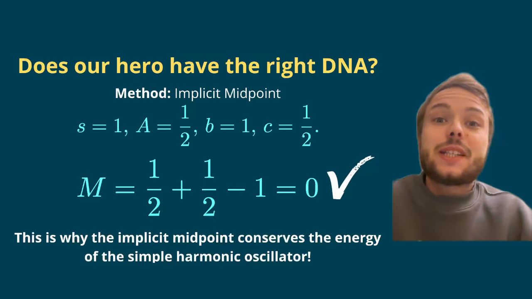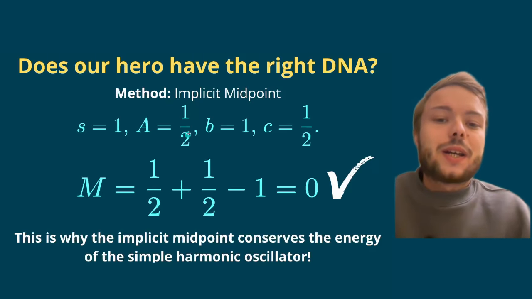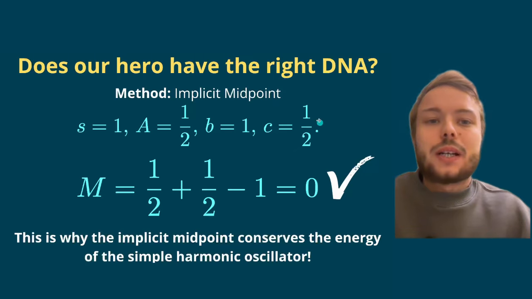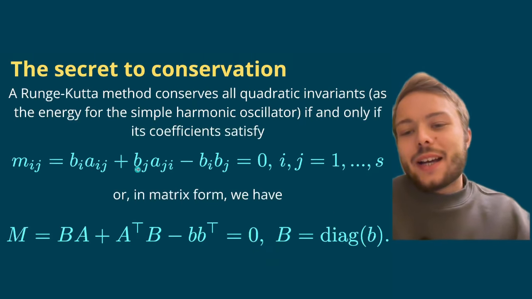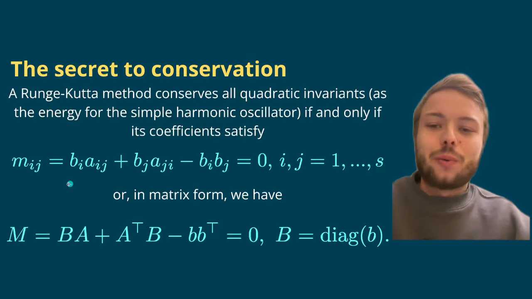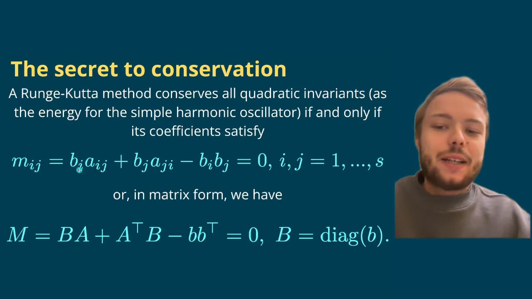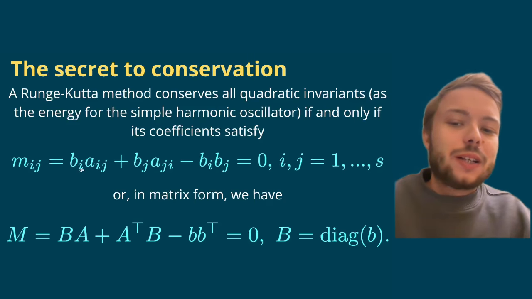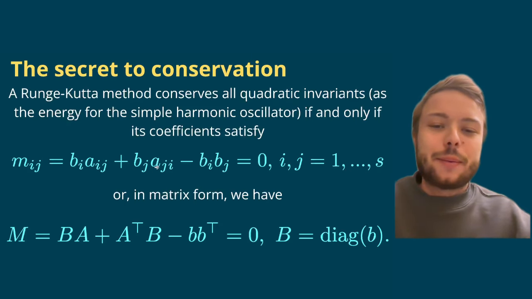In fact, the implicit midpoint method is a method of one stage, so s is equal to 1, A is 1/2, B is 1, and C is 1/2. And what we can easily see is that M, in this case, since s is equal to 1, the two conditions are actually one and the same, is defined by B1 times A11 plus B1 times A11, so it's 2 times the same entry.